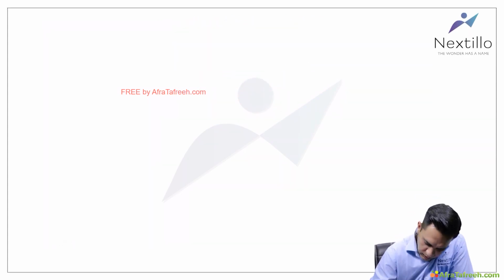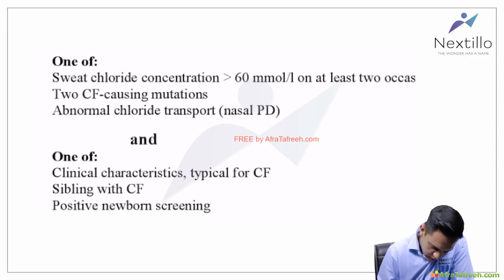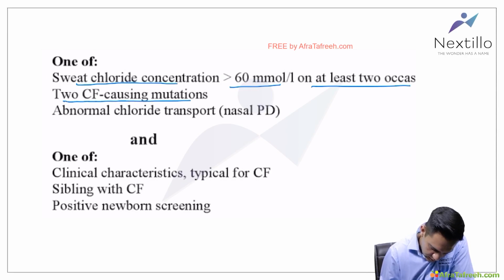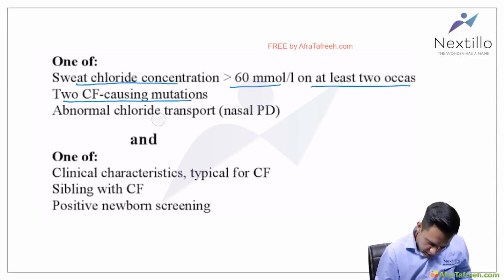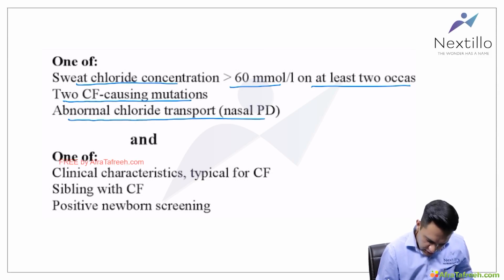What are the clinical criteria to diagnose it? So this is the criteria. Sweat chloride concentration more than 60 on at least 2 occasions, 2 CF causing mutations, or any abnormal chloride transport, that is nasal potential difference.